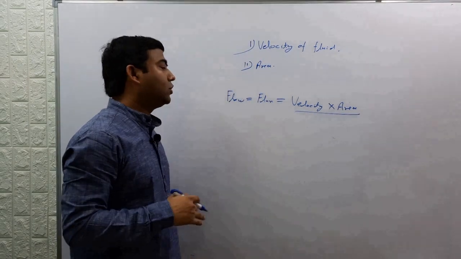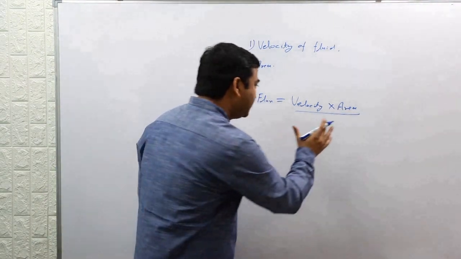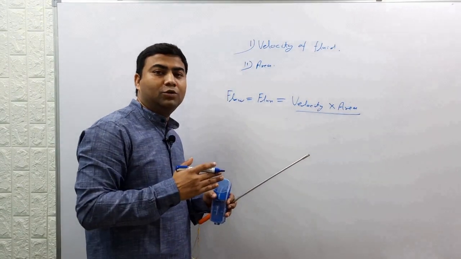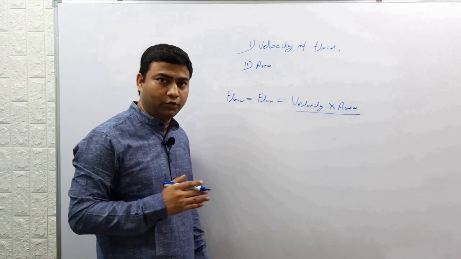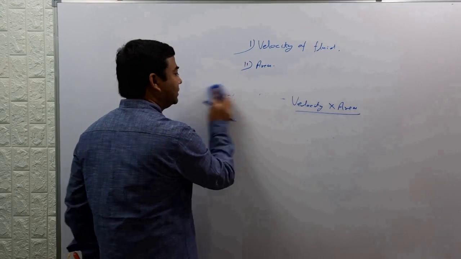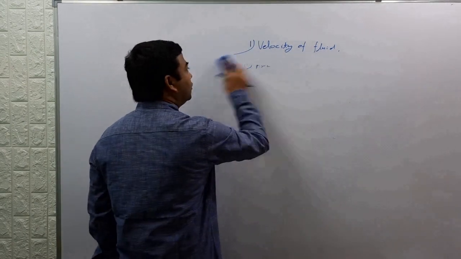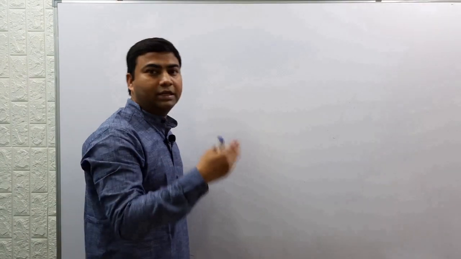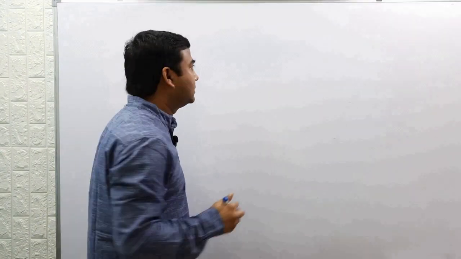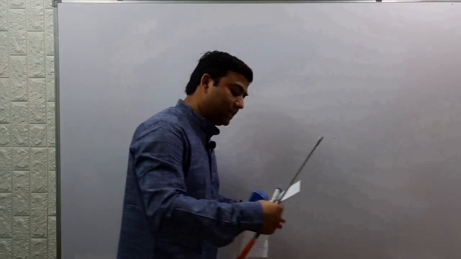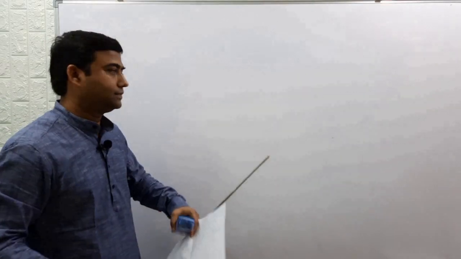That formula we are all aware of, and this formula is valid when the area is perpendicular to the velocity of fluid. So when the area is perpendicular, in that case flow is given by velocity into area. That is the flux. So we will take a simple example to understand and define the flux.